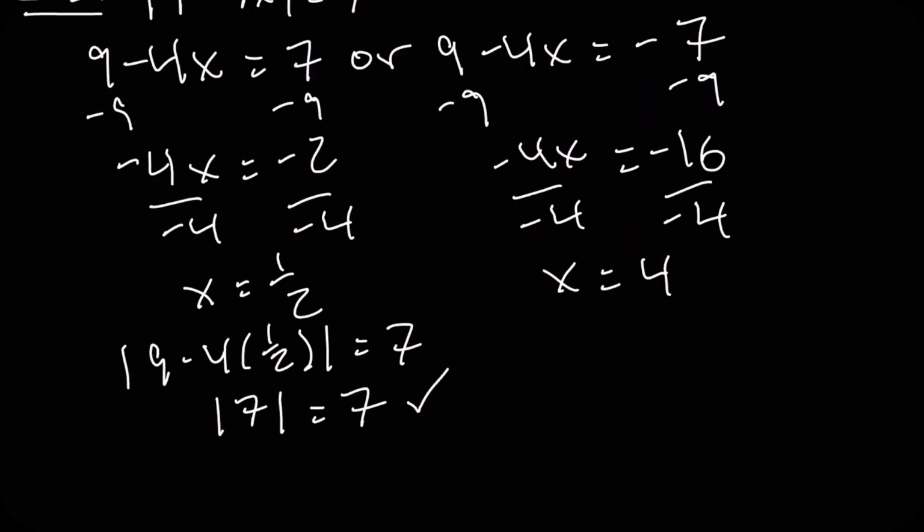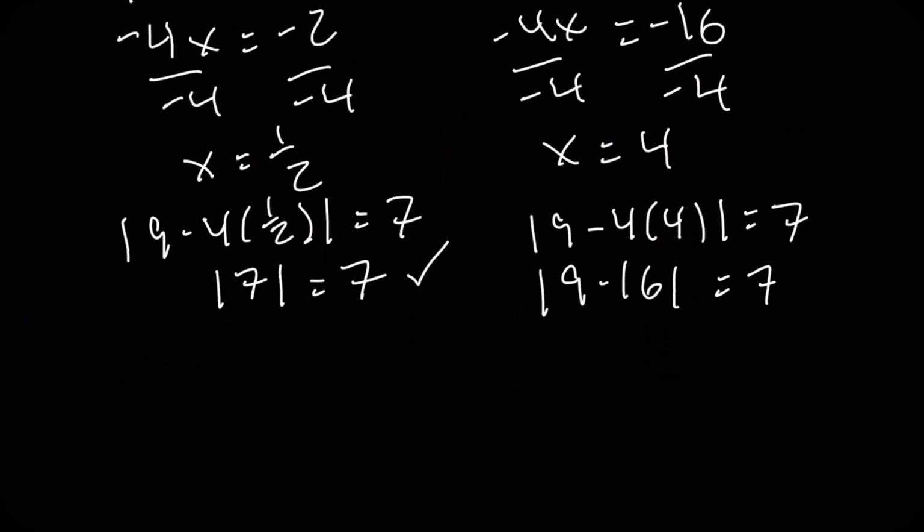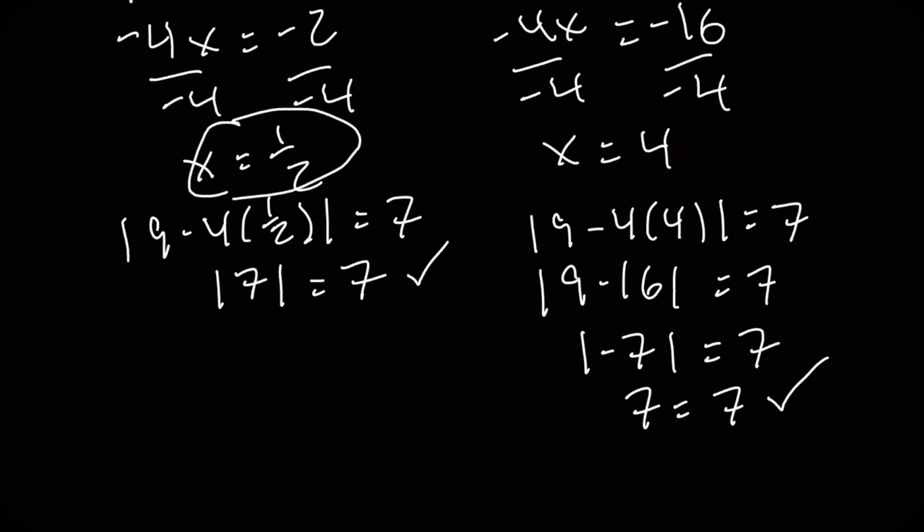Our other one is the absolute value of 9 minus 4 times 4 equal to 7. So we'll have the absolute value of 9 minus 16 is equal to 7, and that will be the absolute value of negative 7 is equal to 7, or 7 is equal to 7, which makes sense in our case. So we can include both of these as solutions.